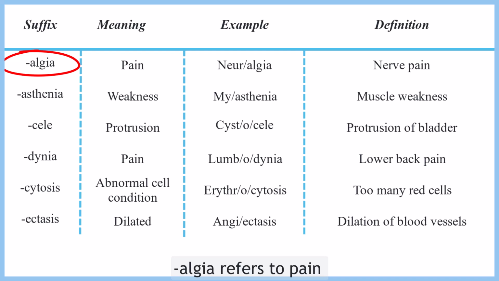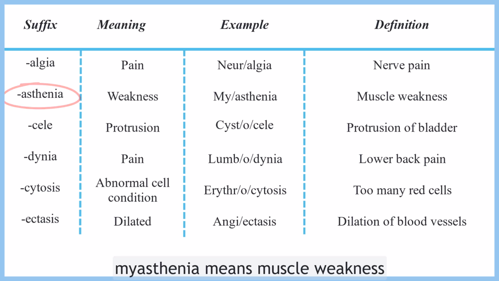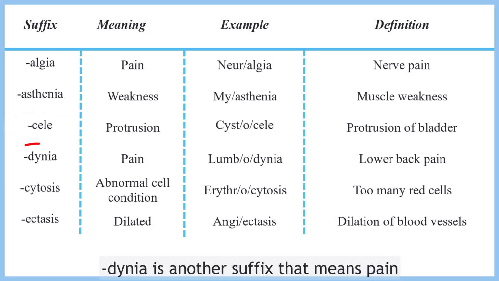Algia refers to pain. So neuralgia means nerve pain. Asthenia means weakness. Myasthenia means muscle weakness. Cele refers to hernia or protrusion. So cystocele means protrusion of bladder. Dynia is another suffix that means pain.